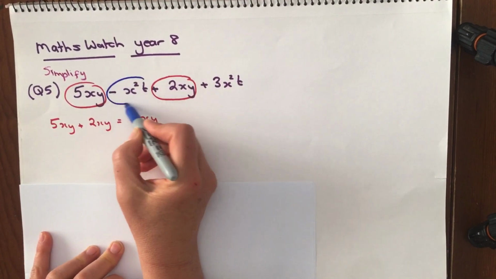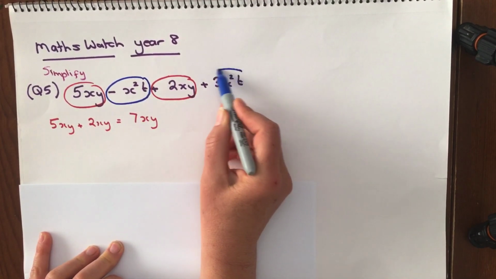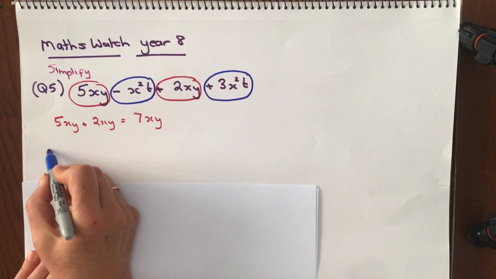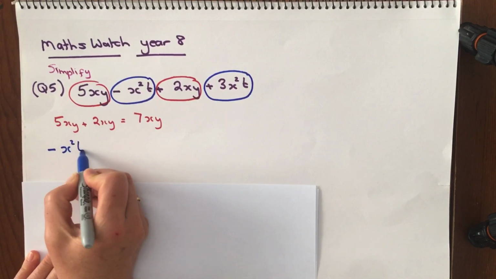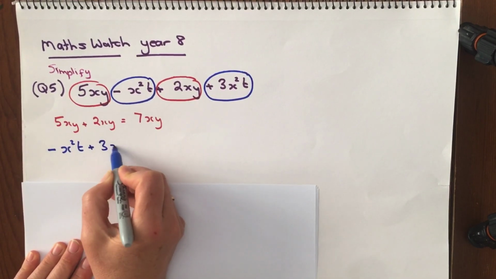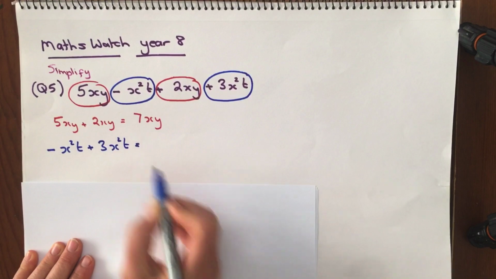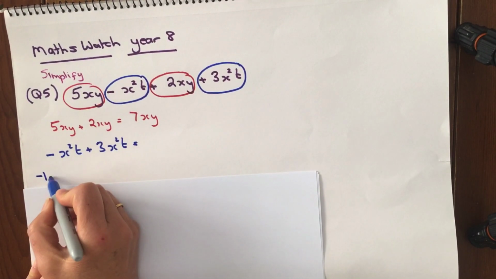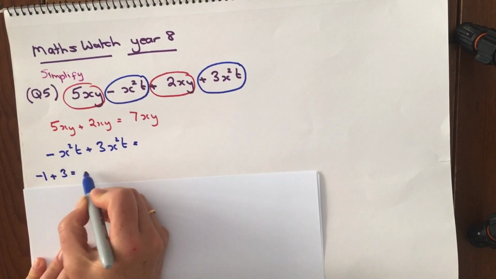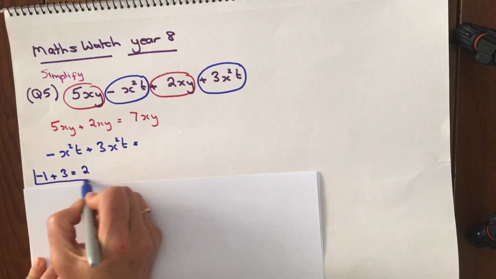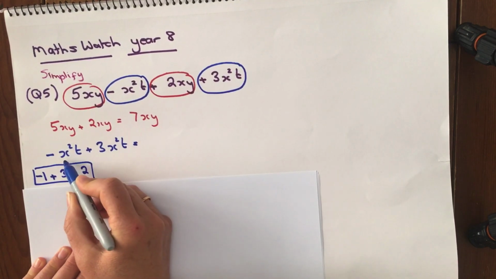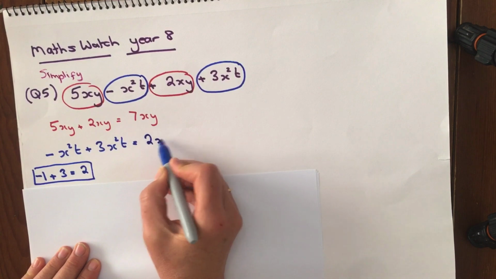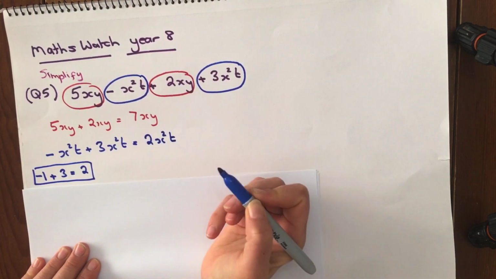I've got negative x squared t and positive 3x squared t, which will give me, well, if you think of -1 add 3, that gives me 2. If you just think of that in your head.